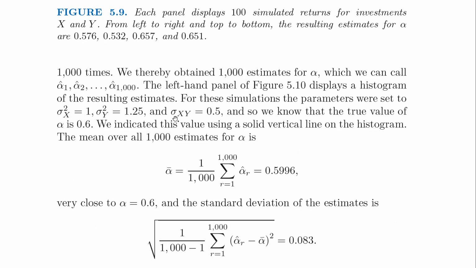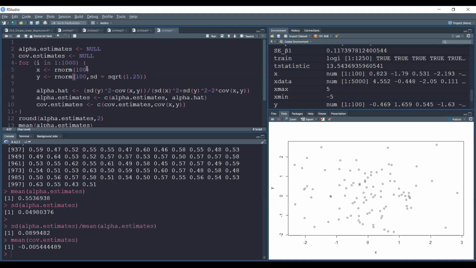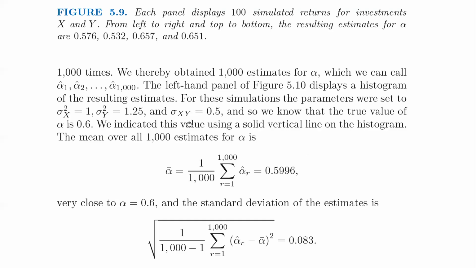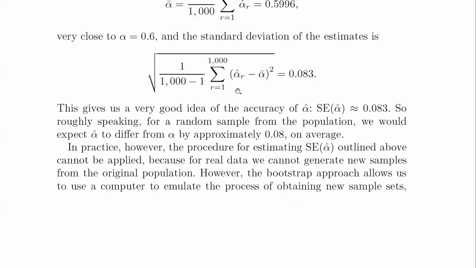You know these sigmas, and you can ask R based on the sigmas, sigma of 1, sigma of square root of 1.25, etc., to generate 100, and then you ask it to do it again and to do it again 1,000 times, and then you take the mean. So in real life, and apologies, I did misspeak earlier. I said this is the Bootstrap. No, we're coming to Bootstrap now.